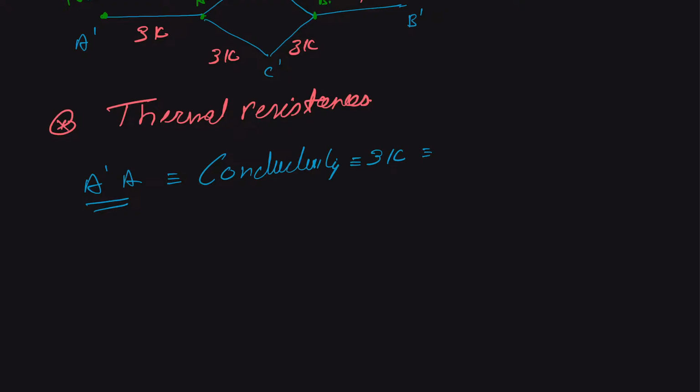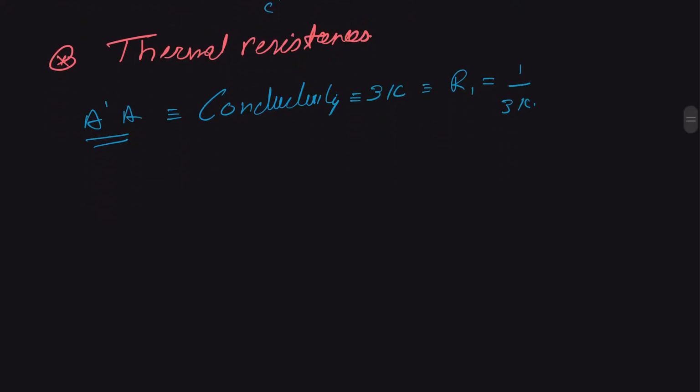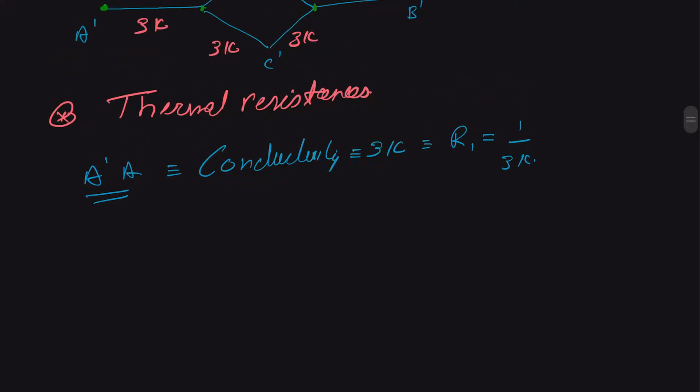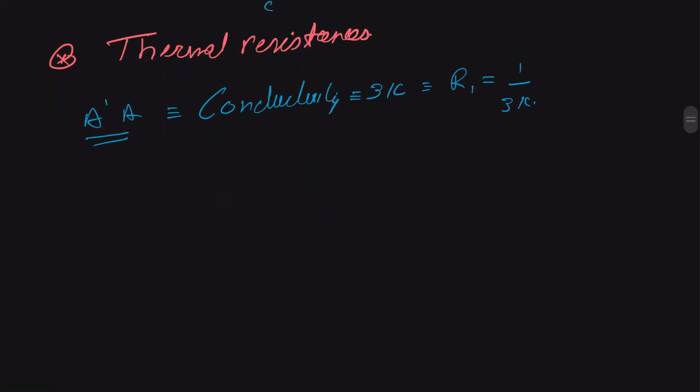So let us call this our R1, which will be equal to 1 upon 3K. And then between B and B prime, here our conductivity is given as K. So we can say this is our R2, which will be equal to 1 upon K.